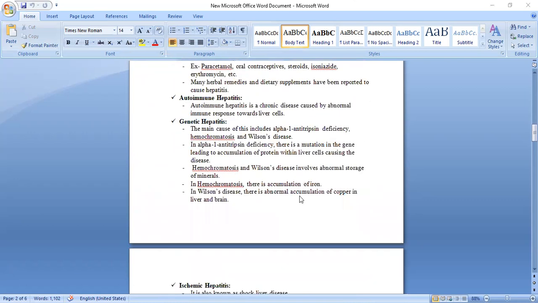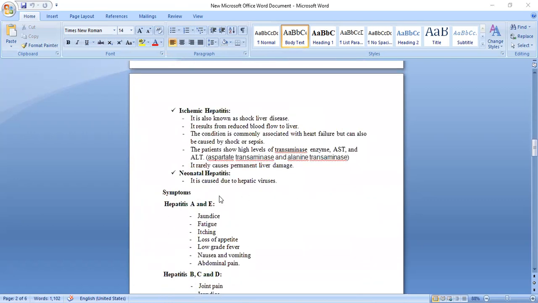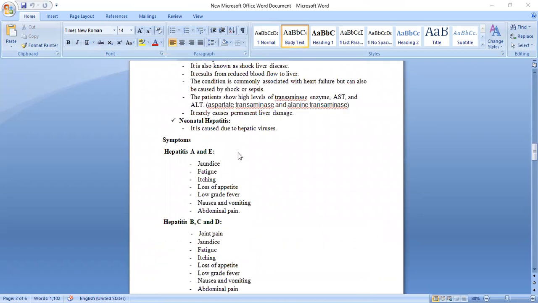Okay, so we will see the symptoms. A and E are similar, isn't it? So similar symptoms are there. Which type of symptoms? Hepatitis produces jaundice. Jaundice means damage to the liver, inflammation of the liver.